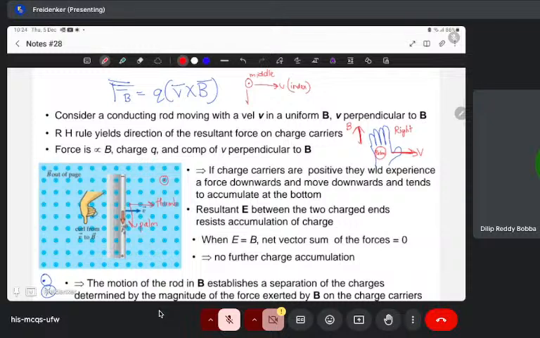Then finally, your thumb will give you the direction of the force.